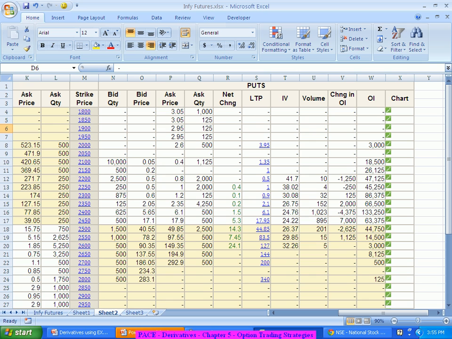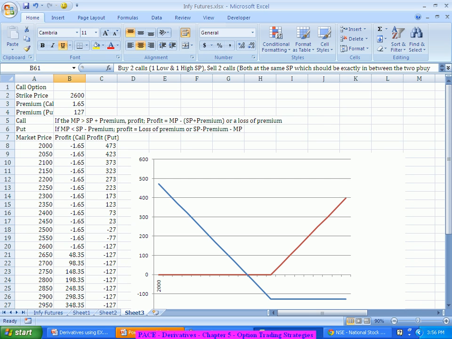If I buy one call with 2-4, another call with 2-6, then I have to sell two calls exactly at 2-5, which is in between 2-4 and 2-6, exactly in the middle. So that is what I have tried writing here.